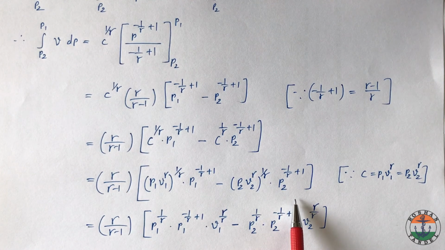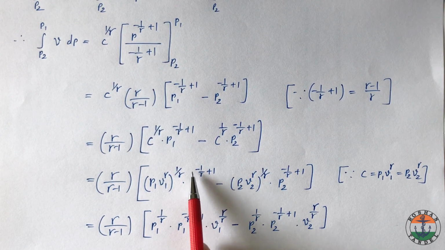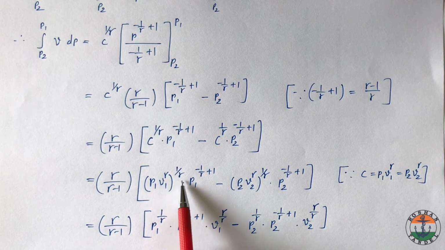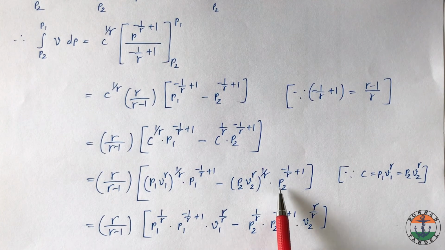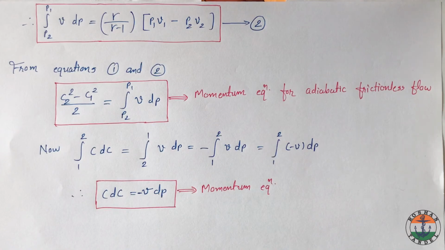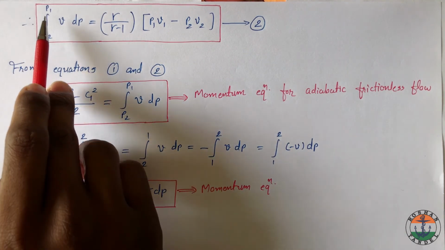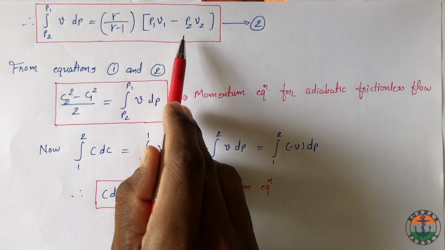Simplify this equation and you will get gamma upon gamma minus 1, P1 raised to 1 upon gamma into P1 raised to minus 1 upon gamma plus 1 into V1 minus P2 raised to 1 upon gamma into P2 raised to minus 1 upon gamma plus 1 into V2. Therefore, integration of P2 to P1 V dP is equal to gamma upon gamma minus 1 P1 V1 minus P2 V2.